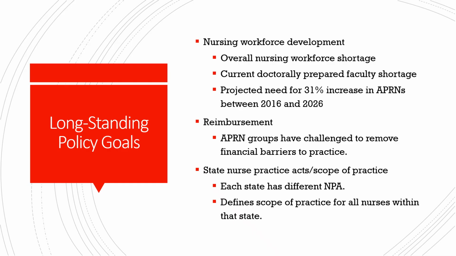So, what have been some long-standing policies and goals as it relates to policy? Let's talk about nursing workforce development. We talked about that. I think it historically was projecting that we would need a 31% increase in advanced practice nurses between 2016 and 2026.